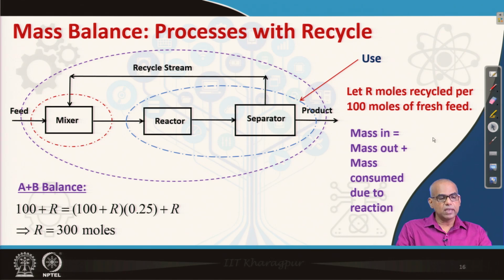What is mass in? 100 plus R, with recycle stream. Then what goes out is 100 plus R, 25% of it plus R. This gives you R equal to 300 moles. So, 300 moles must be recycled per 100 moles of fresh feed.